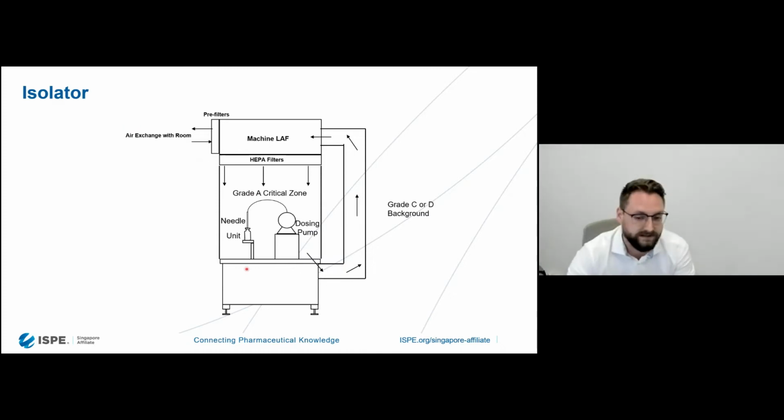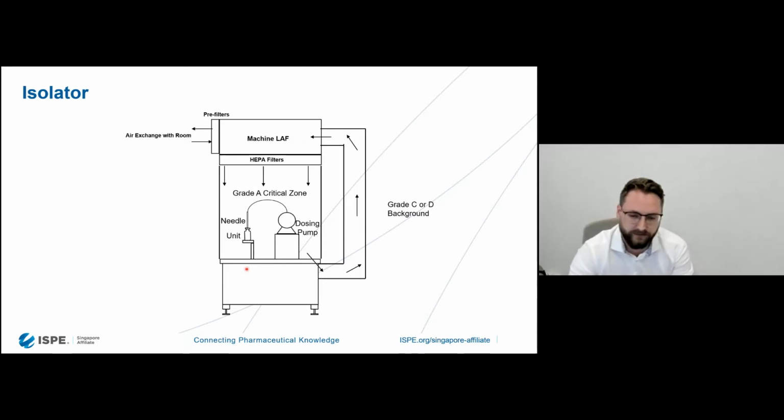So some advantages of this would be it's much easier to install this type of isolator in your facility. You do not have to cater specific HVAC for the isolator itself. You just drop it in the middle of the room. It balances itself with the room it's in, and that's it.